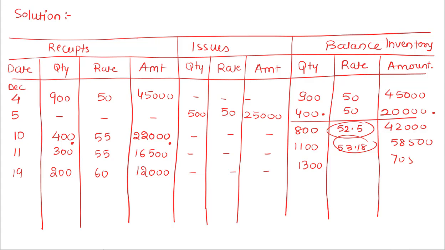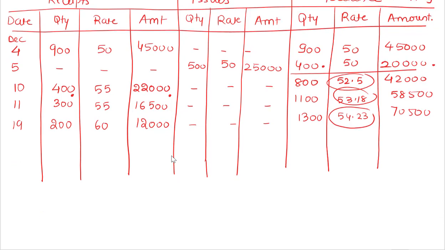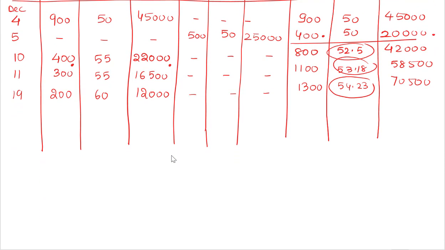So it totaled as 70,500. 70,500 divided by 1300. 54.23. This is the average rate, 54.23 on 19th of December.